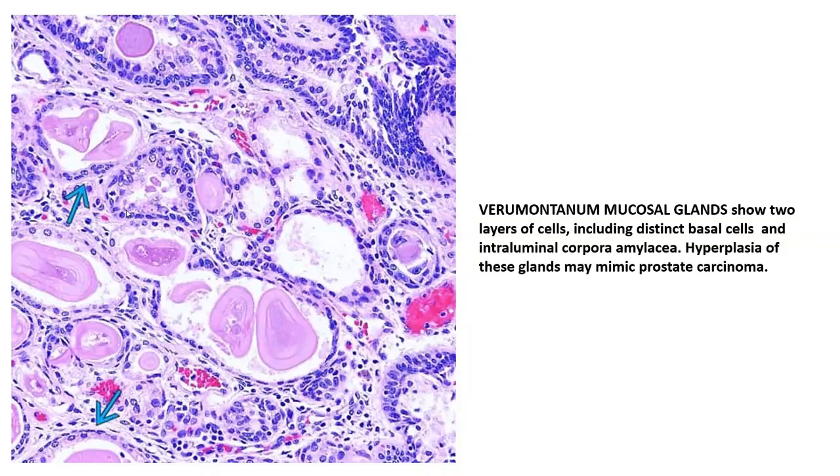You have the layer of basal cells, which is identified along with the central layer of the acinar cells. And the problem is sometimes in the cross section, these glands can give an impression of malignancy, and verumontanum mucosal glands are well known to be a pseudoneoplastic mimic. And one important structure present in these glands is the eosinophilic corpora amylacea, the presence of which within the glands, however atypical they might look, is always a sign of benignancy.